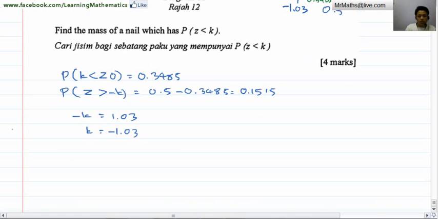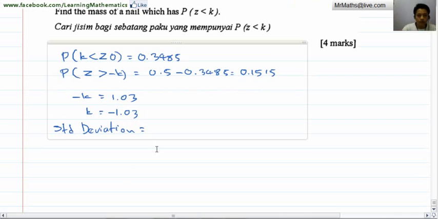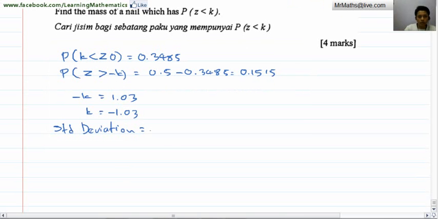We want to find the standard deviation, which is 10. Right? The standard deviation has already been given, which is 10 grams.